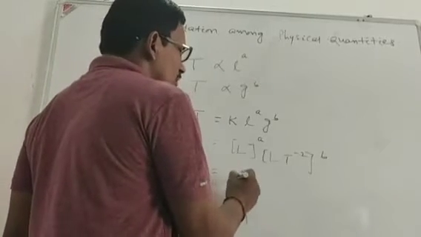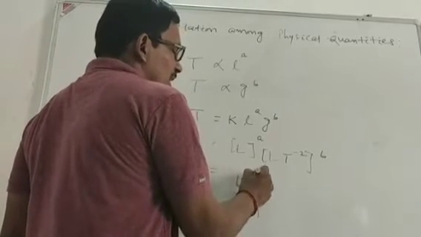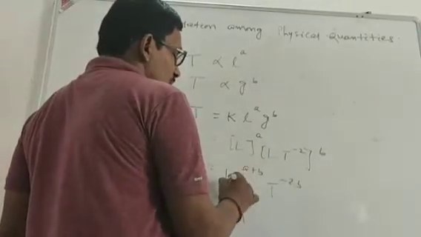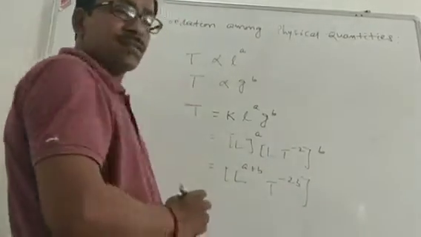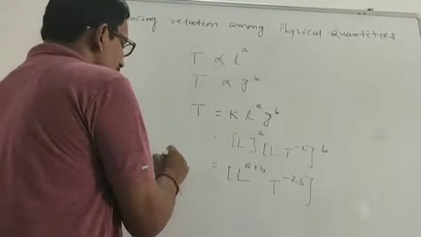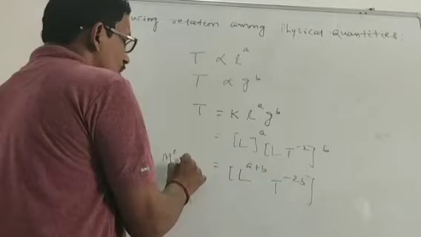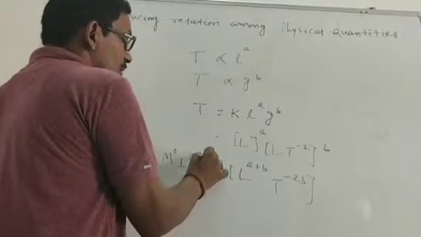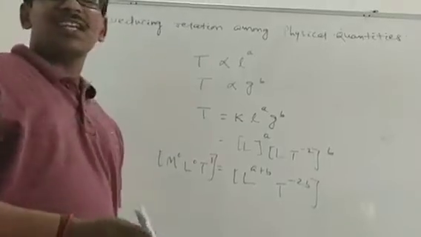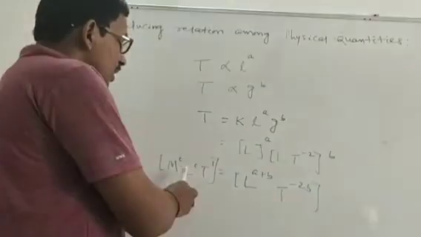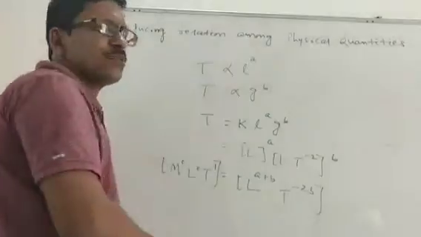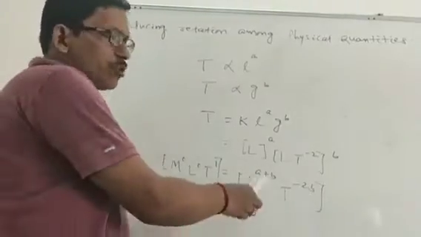That is equal to L to the power a plus b, T to the power minus 2b after simplification. On the left hand side you can write M^0 L^0 T^1. Mass is not there, length is not there, time is there only. So T to the power 1, M to the power 0, L to the power 0. On the right hand side mass is also not there, so M to the power 0.